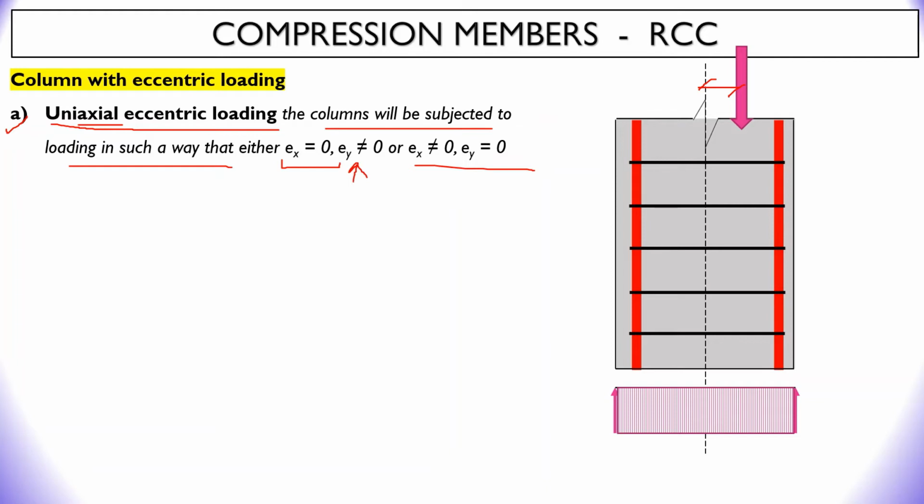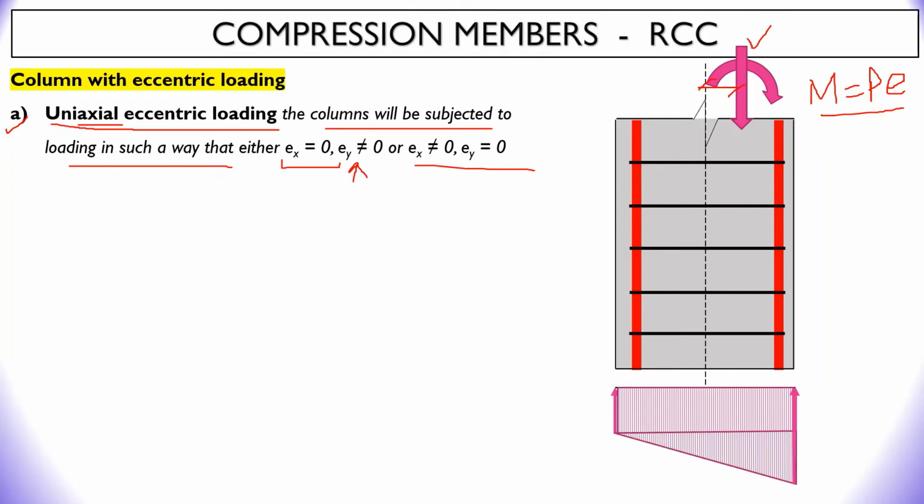But now, since we are applying the load at some eccentricity, some bending moment will be acting due to this eccentricity. That means if this is the moment M, then M is equal to the load into the eccentricity from the centroidal axis.